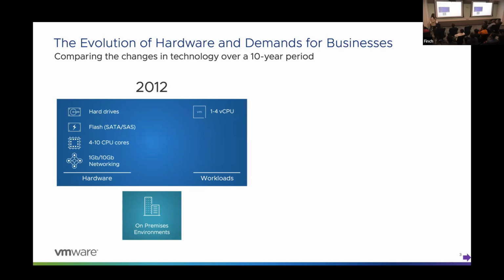Even the networking used before was approximately 1 gigabit or 10 gigabit Ethernet, right? And in this scenario, the VM workloads are restricted to just your on-premise data center.